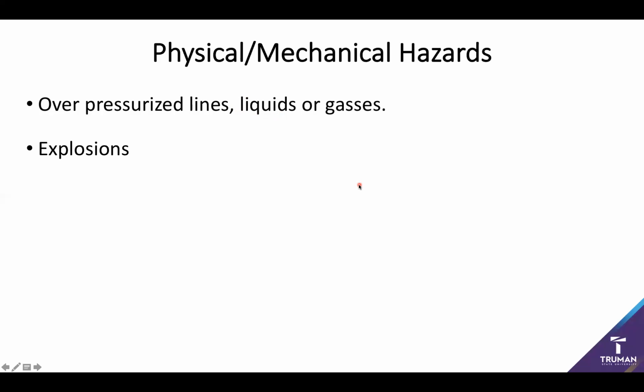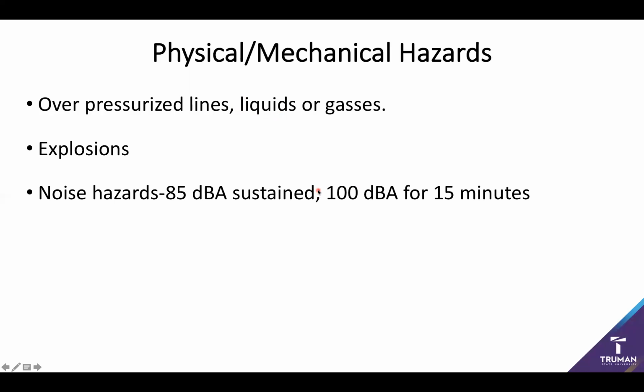Then we have our classic explosion hazards, which can quickly get into chemical. And a lot of people forget about this one, but it turns out that a lot of equipment in a lab can be quite noisy. So if you think that something is a little too noisy, try and get a noise meter.